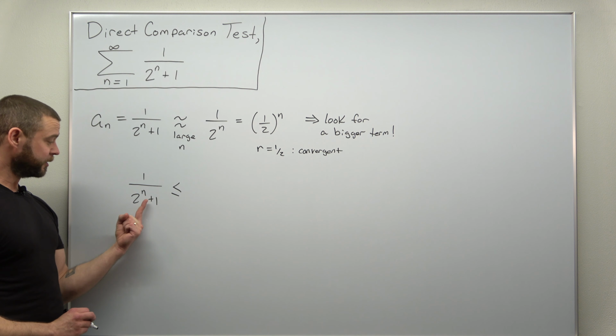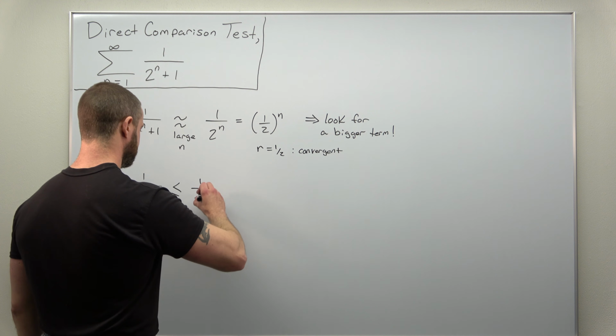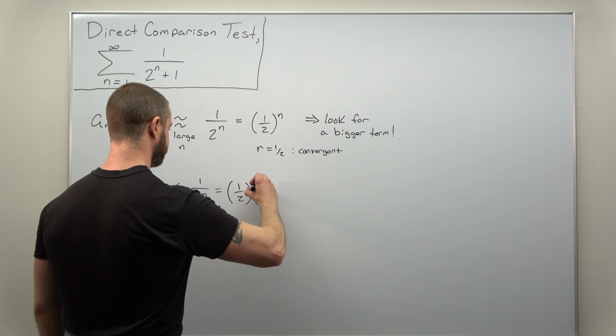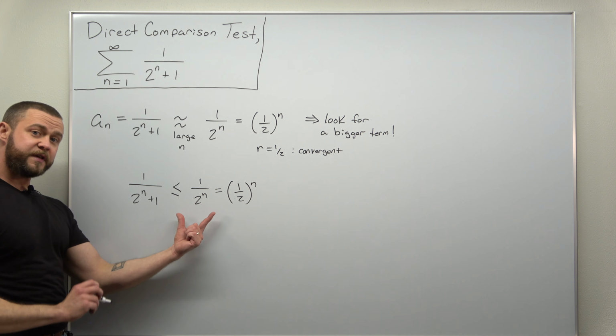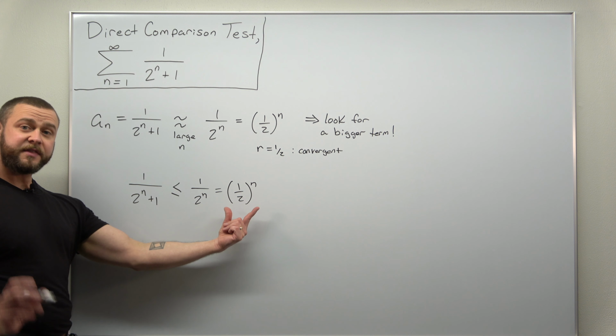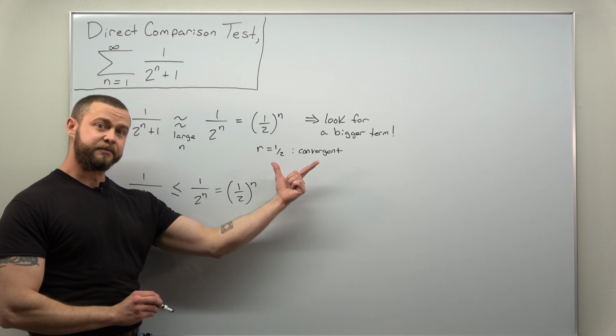And I can make it smaller by getting rid of the plus 1. So that is certainly true. This is less than 1 over 2 to the n, which we can rewrite as (1/2) to the n. And this is a convergent geometric series.